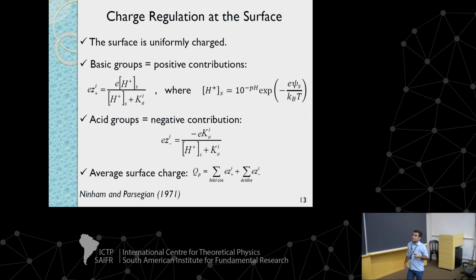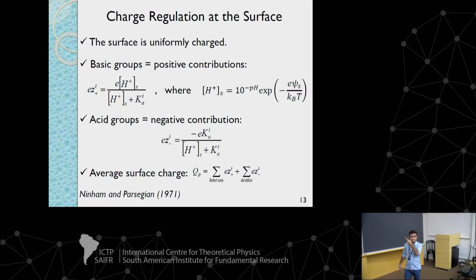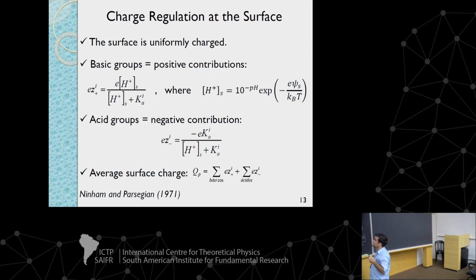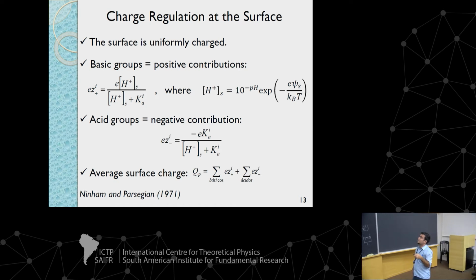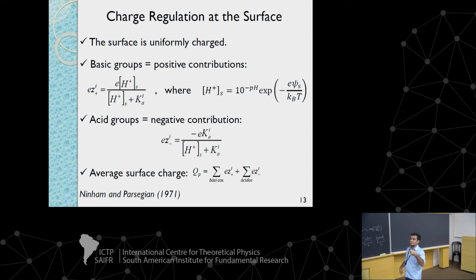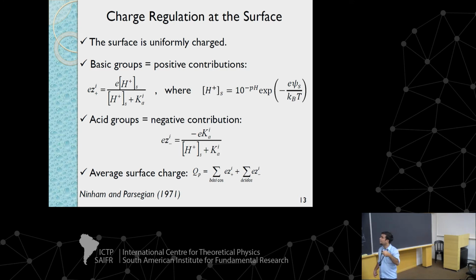And what we can do with the Poisson-Boltzmann equation as well is consider charge regulation at the surface. Fernando talked about this yesterday. So he showed this kind of expressions considering the chemical equilibrium at the surface. As he talked yesterday, we usually use activity here. So when we use concentration, it's what you call the stoichiometric approach.